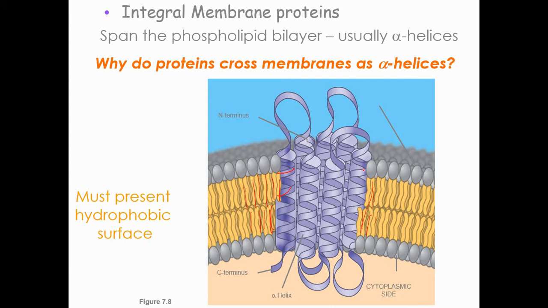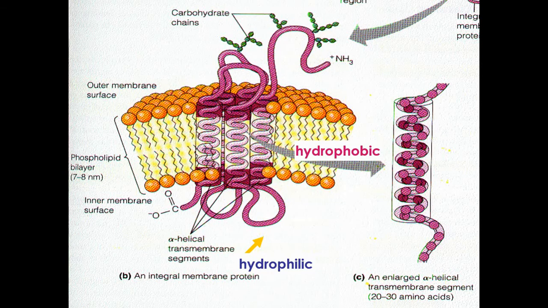The structure that gives you that requirement is the alpha helix structure. Okay? So these are hydrophobic on the outside. That is why they are compatible with the phospholipid bilayer. That's why the proteins in the membrane are alpha helices. Okay?